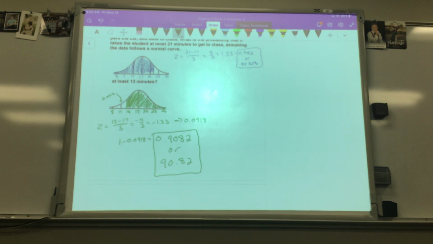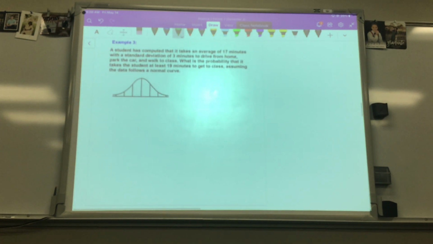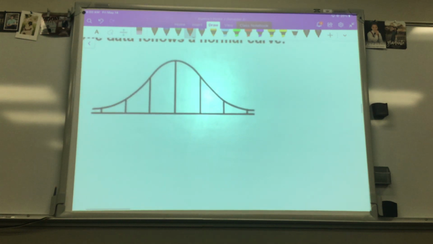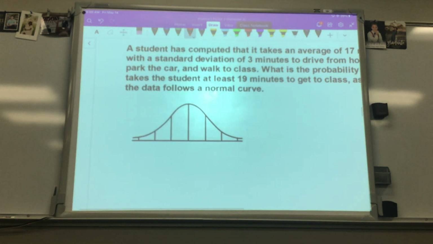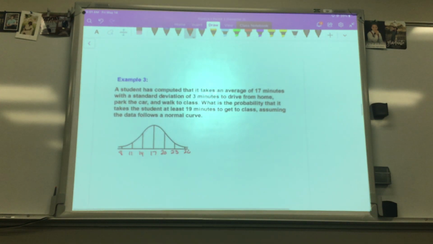Okay, let's go one more with that one. We still had that mean of 17, standard deviation of 3. But this time, I want to know what the probability is that it's at least 19 minutes to get to class.